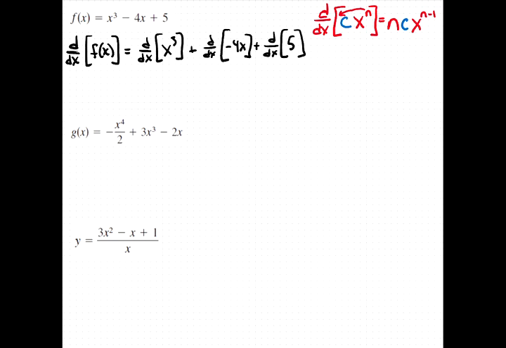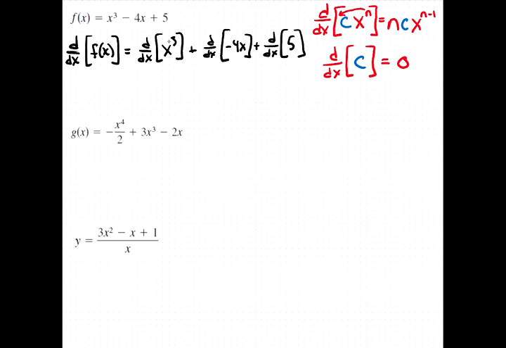And also we know that the derivative of a constant is equal to 0.